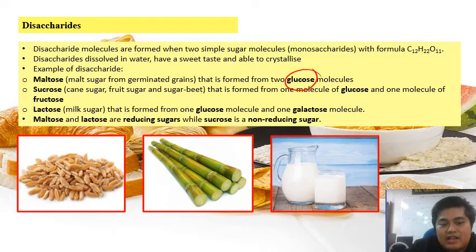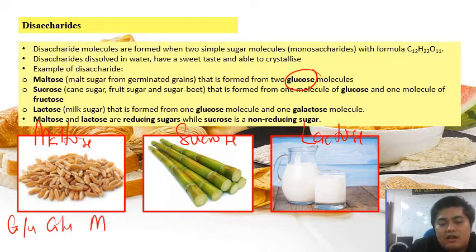So ini adalah kita punya maltose, sumber maltose kita. Ini adalah sumber sucrose kita dan ini adalah sumber lactose kita. Macam mana nak ingat? Cara saya ingat: glumal. Kenapa glumal? Glukos tambah glukos jadi maltose sebab dia terhasil daripada 2 molekul glukos.